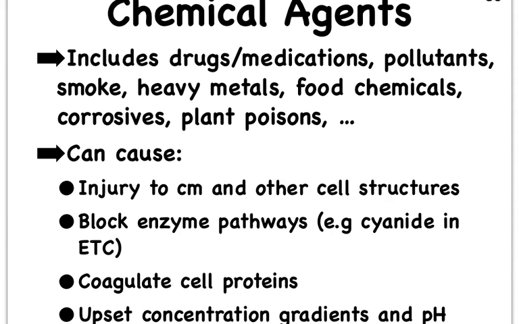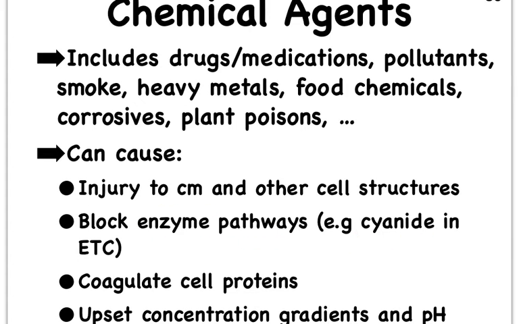So air pollution is, of course, part of chemical agents, along with drugs and heavy metals and all kinds of things. And they can be quite destructive via oxidative stress, or you can also call that respiratory burst. They can damage cell membranes and organelles, start messing around with enzyme pathways.